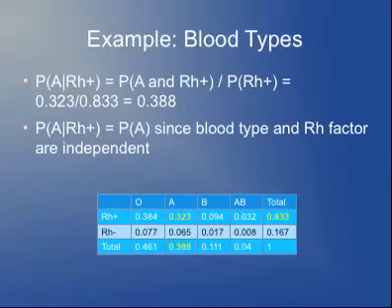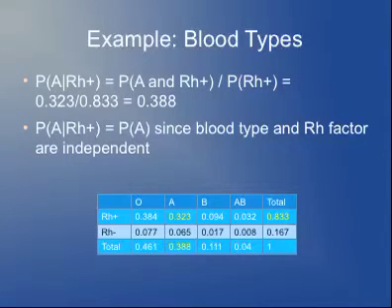If we want to do the blood type example again, say we wanted to find the probability of type A blood given that a person is Rh positive, well, we can use the same formula. The probability of type A blood given Rh positive is equal to the probability of A positive blood divided by the probability of positive blood generally.